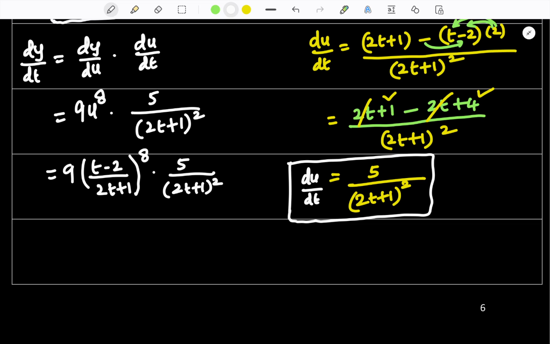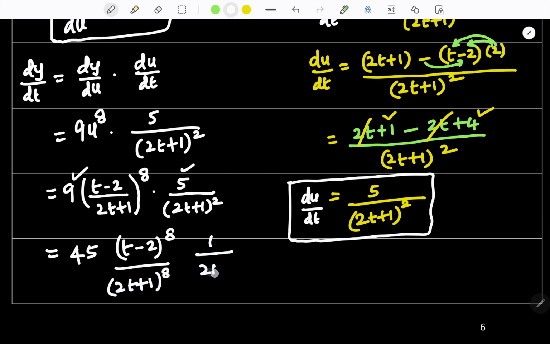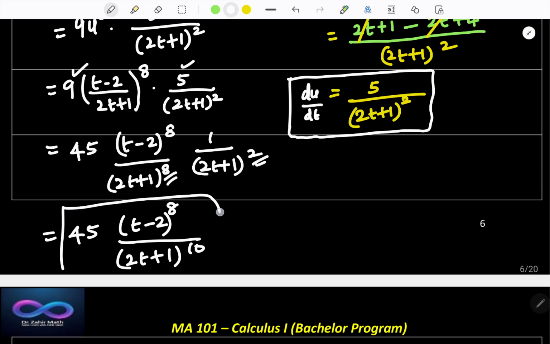You can see here is (2t + 1) squared. So 9 fives are 45, (t - 2)^8 divided by (2t + 1)^8, and 1 divided by (2t + 1)^2. So this equals 45(t - 2)^8 divided by (2t + 1) to the power, here is 8, here is 2, it becomes 10. So this is going to become your answer.